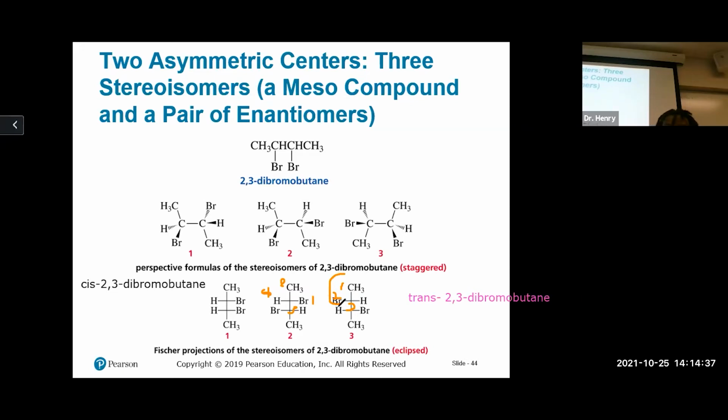This guy, the second one, can look like an S, but then moving the H towards you.